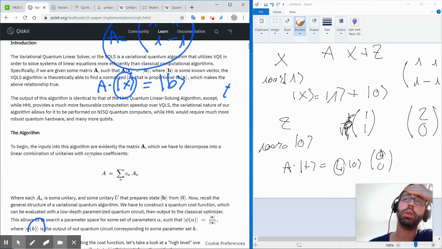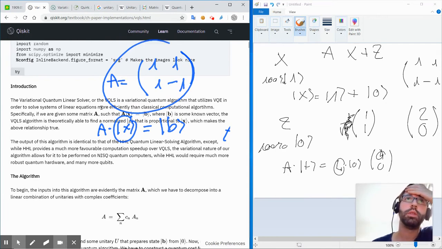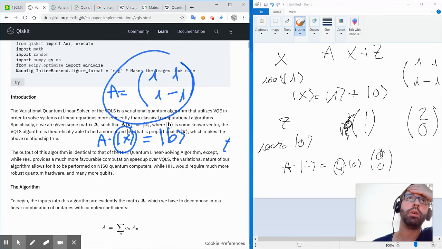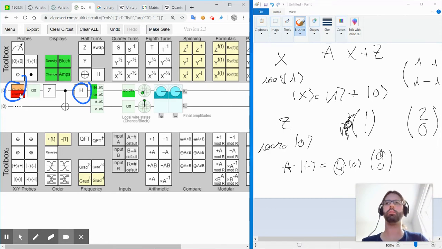Let's recap. What are we doing here? I basically did the optimization by trial and error. I just tried two values, 0 and pi, and here the optimization should work differently.